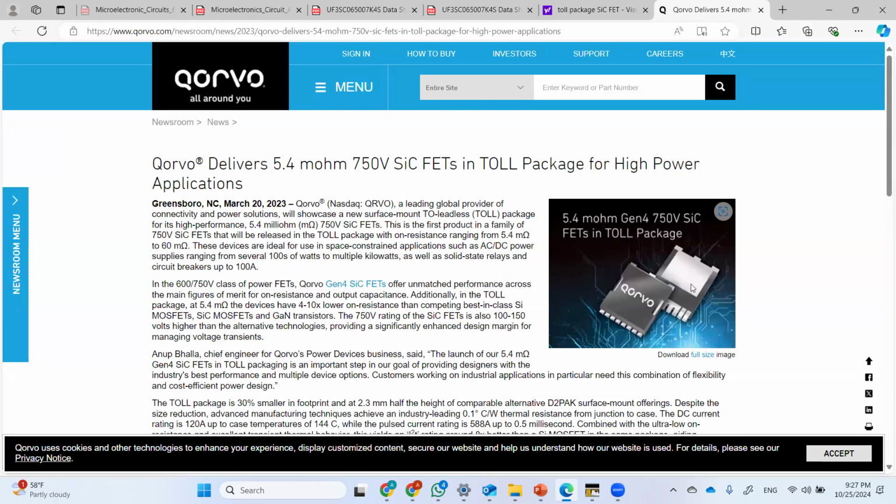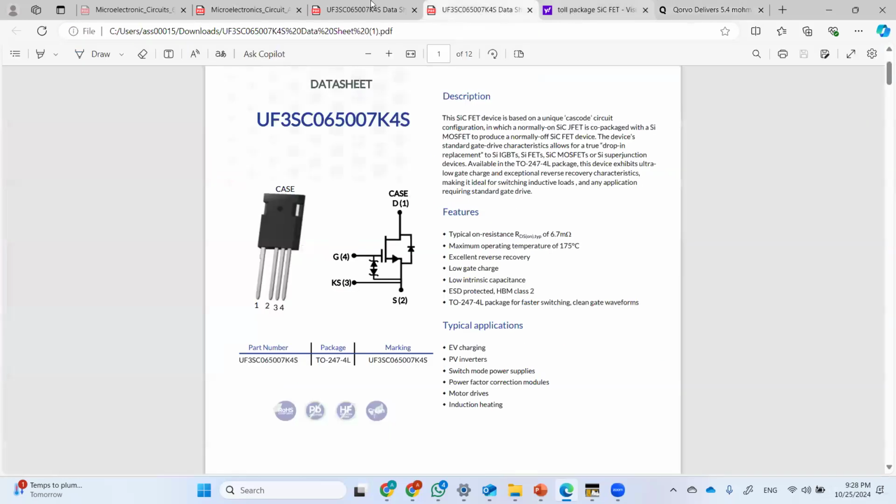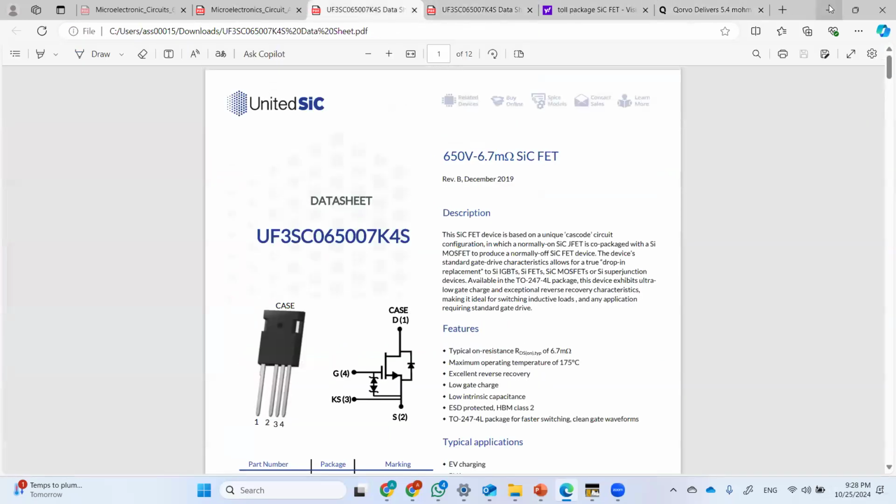So in this package, by the end, we will have two gate terminals for the MOSFET and JFET, and the other terminals here are for the source. We have many terminals for the source, and this terminal here is for the drain. The source terminal of the JFET is not given on the package, so it's internally connected.